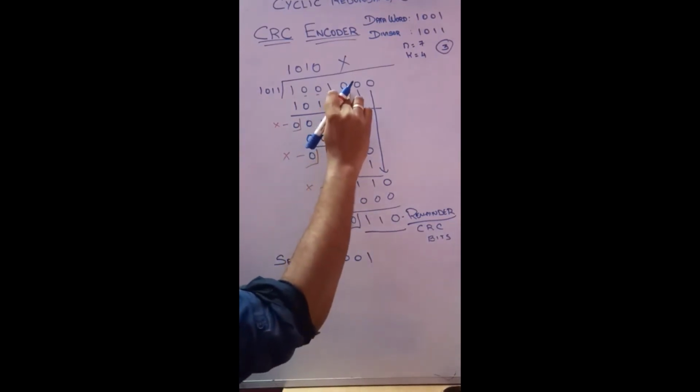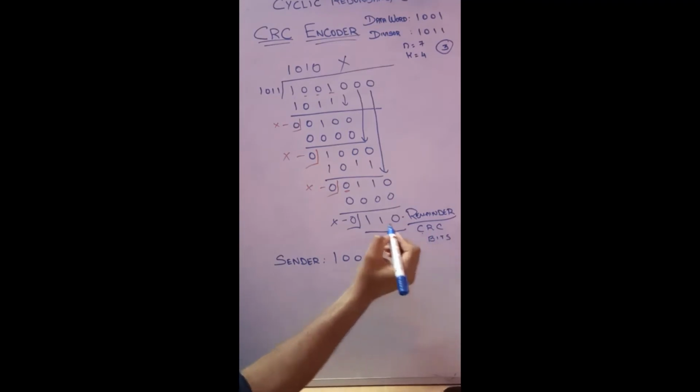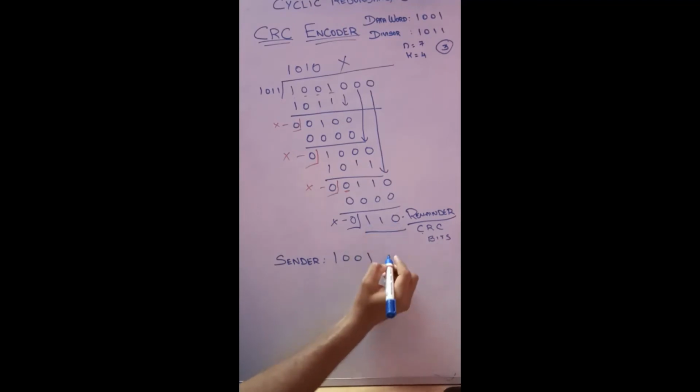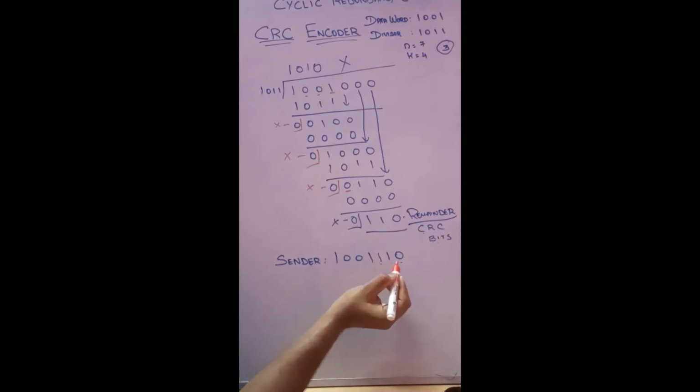Instead of augmenting these 3 bits of zeros during transmission, you are supposed to augment the CRC bits, that is, the remainder of the modulo 2 division we performed in the CRC encoder process. We generated these CRC bits, that is 1, 1, 0. Please keep in mind that this 110 is the remainder of this operation, and 1001 is the actual data that needs to be transmitted.